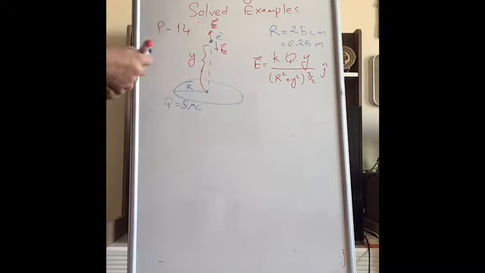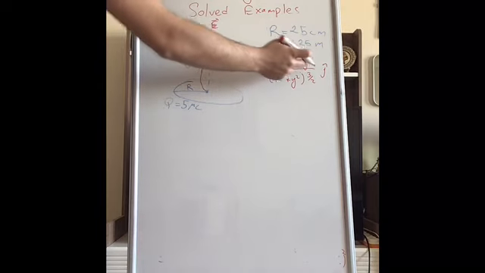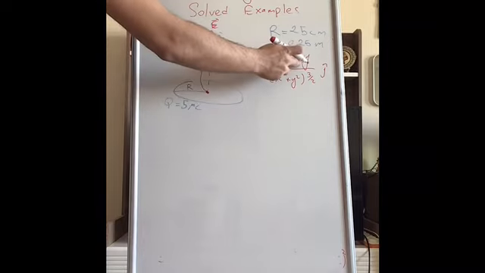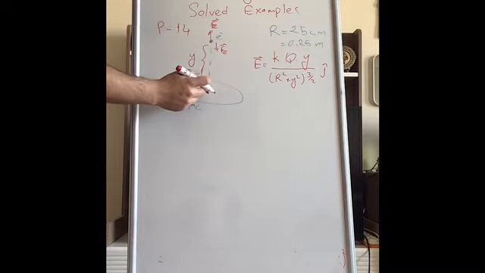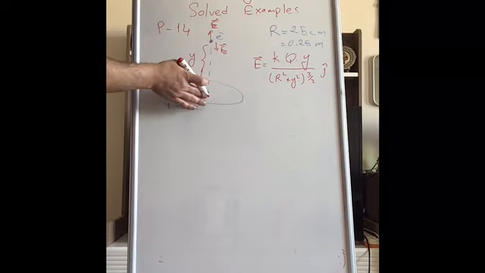But since it is moving, Y is getting shorter and shorter, so the electric field is getting weaker and weaker, and when it comes to the center, Y is equal to 0, the electric field will be equal to 0.